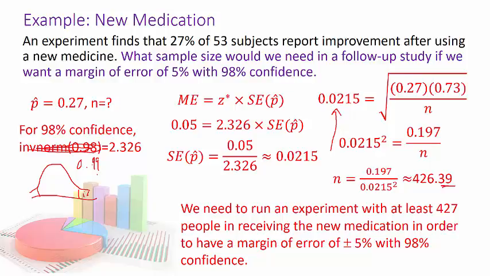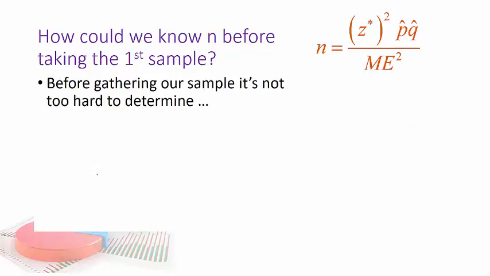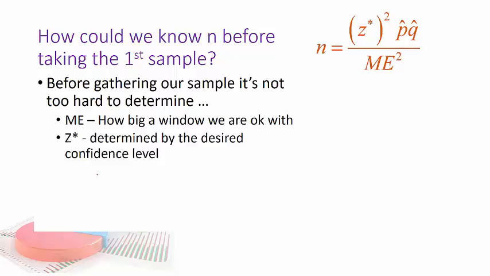Now, this is great because we kind of had a rough idea of p hat already. But how do we know n before taking the first sample? So we don't even know what p hat is. So before gathering our sample, it's not too hard to determine how big a window we're okay with, what margin of error we want. And it's okay to figure out what the desired confidence level is.